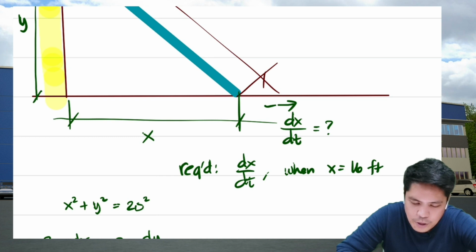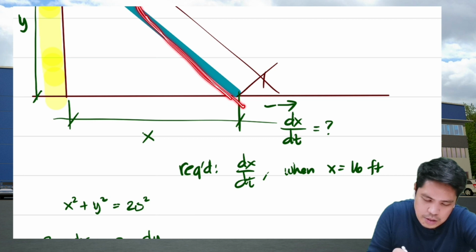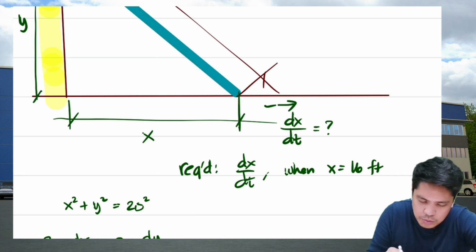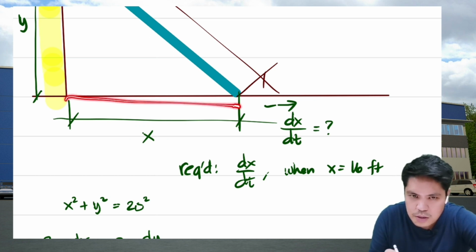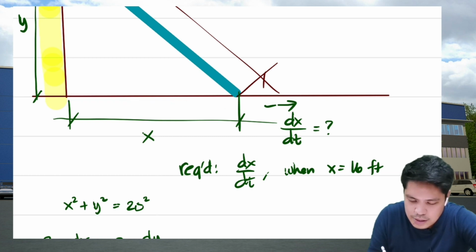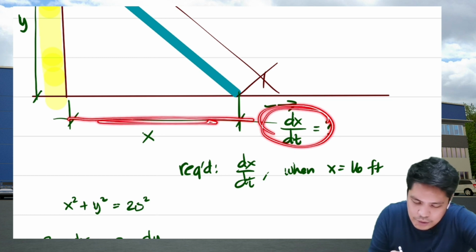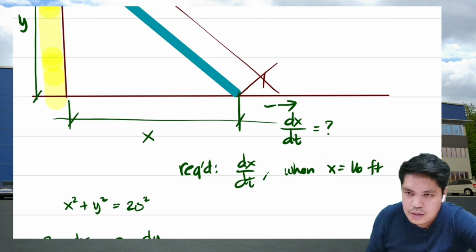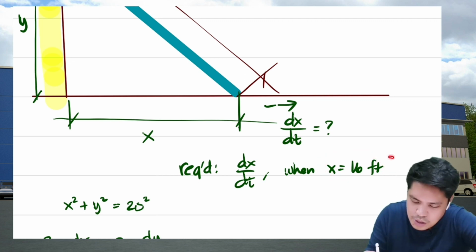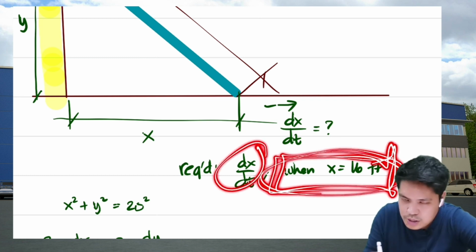Given the position and the situation in this problem, the value of x is a variable, this distance is a variable, right? But what we are trying to get is how fast this is moving or how fast this is increasing when the value of x reaches the point where it is 16. Right? When x is equal to 16. So this is our condition.